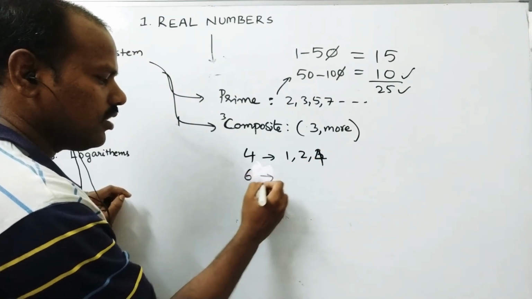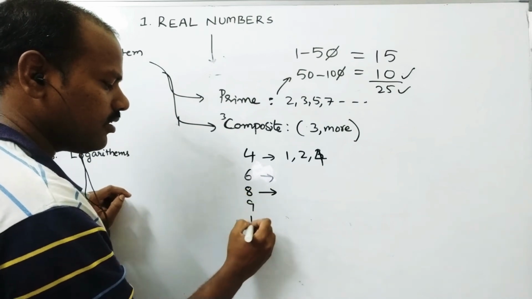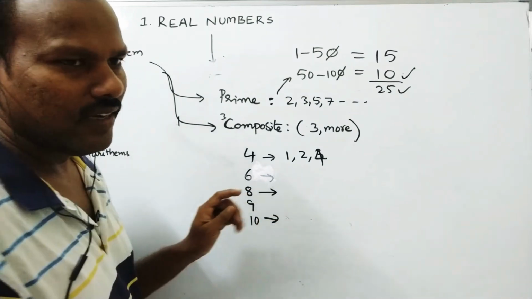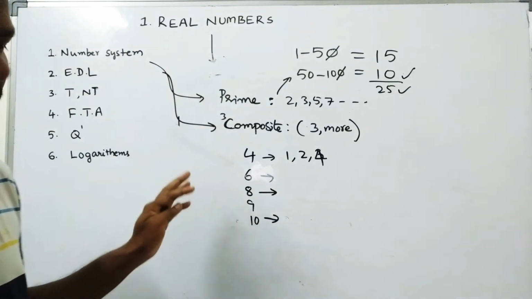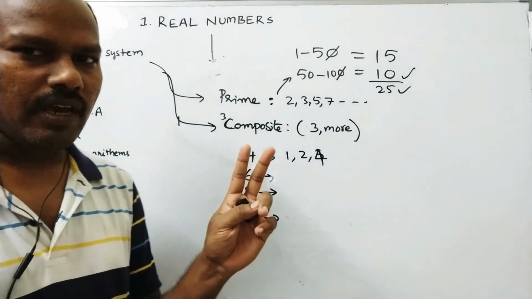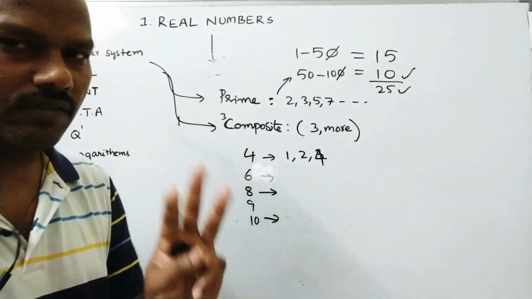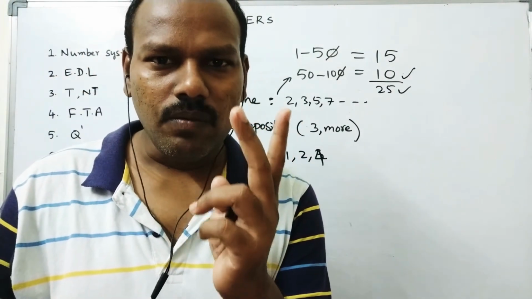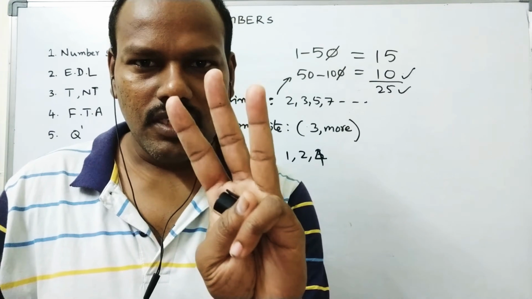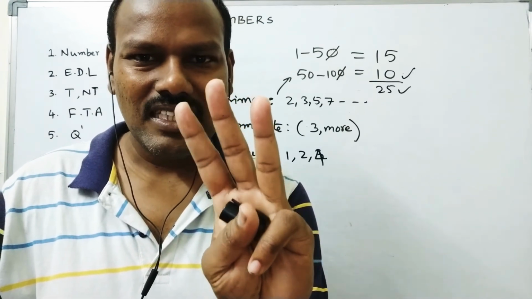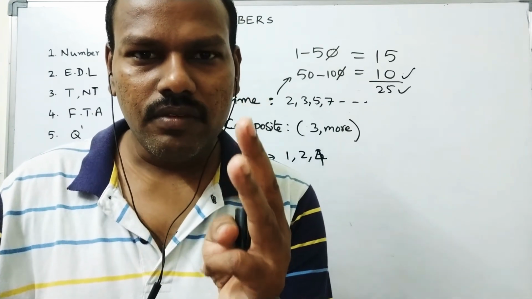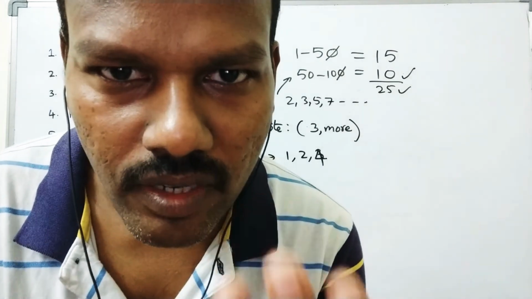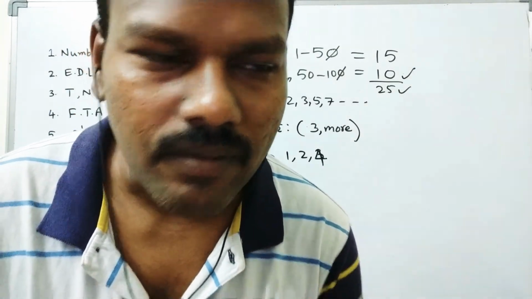Similarly 6, 8, 9, 10. A composite cannot be a prime number because a prime number has only 2 factors, but a composite has more than 2 factors. C, composite means C3: a number which has 3 or more factors is called a composite number.